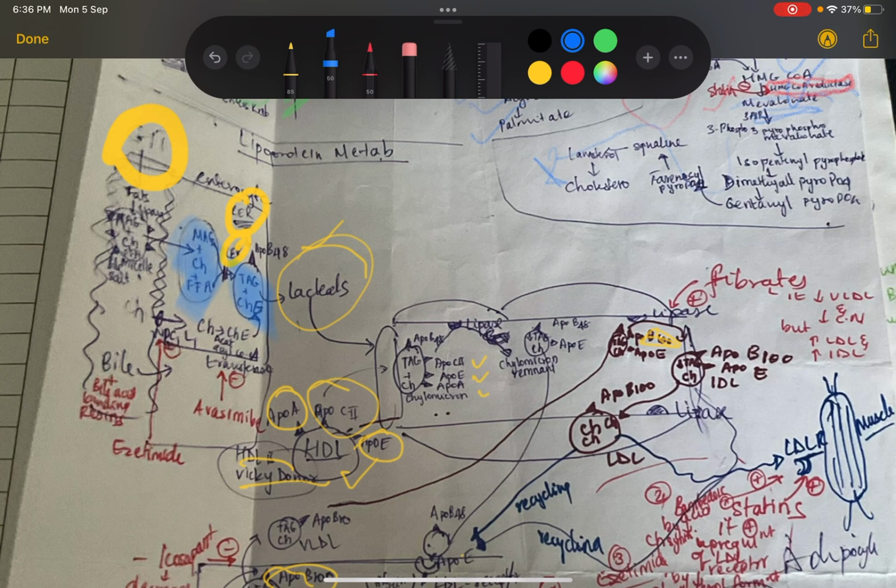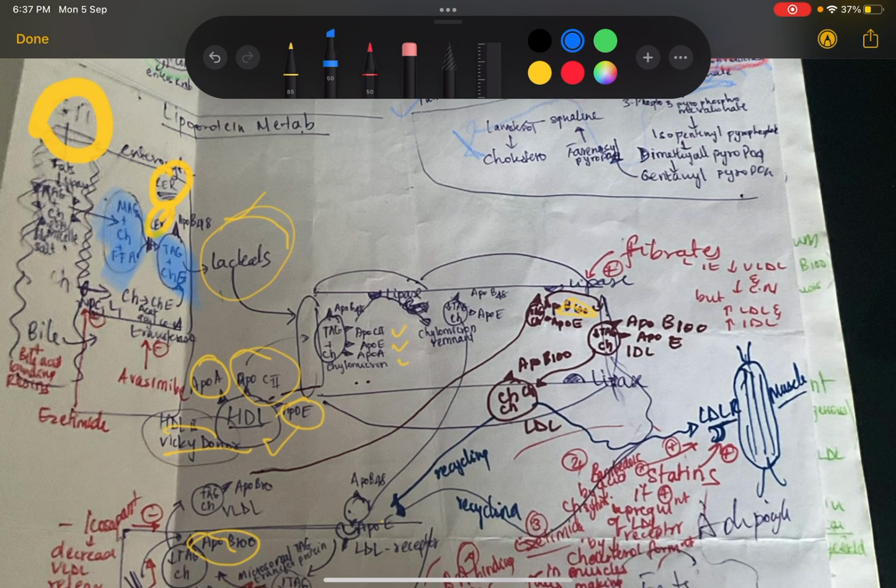If there is an increase in LDL, LDL has only cholesterol, so there's going to be an increase in cholesterol. End of story. Let's say there is an increase in VLDL. So what's going to increase?